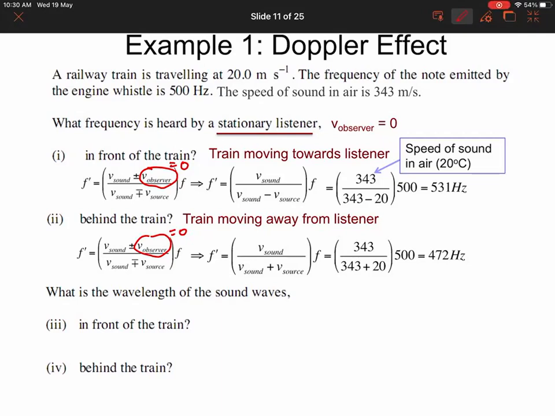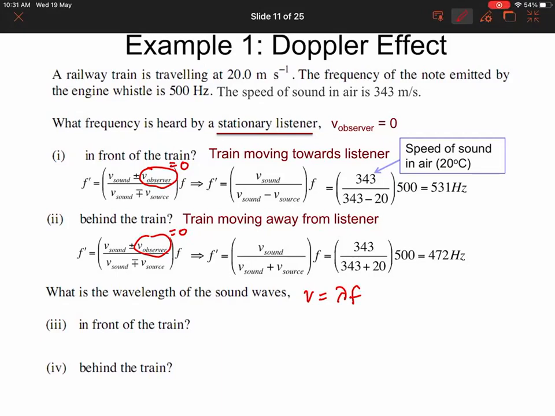Right. So now when you calculate the wavelengths of the sound waves, okay, you use V is equal to lambda F. It's the equation that relates the speed of any wave to its wavelength and frequency. Okay, the speed here is the speed of the sound wave, 343 meters per second.